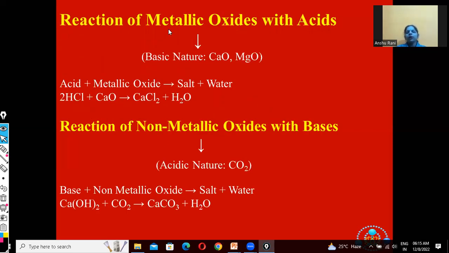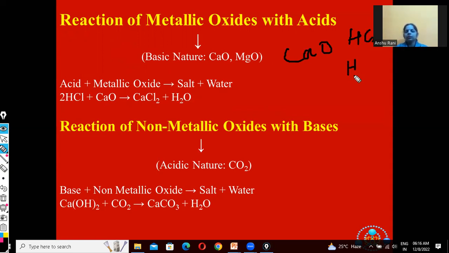Then the reaction of metallic oxide with acids. A metallic oxide like calcium oxide reacts with HCl to form calcium chloride plus water. We have CaO reacting with HCl, two units of HCl.